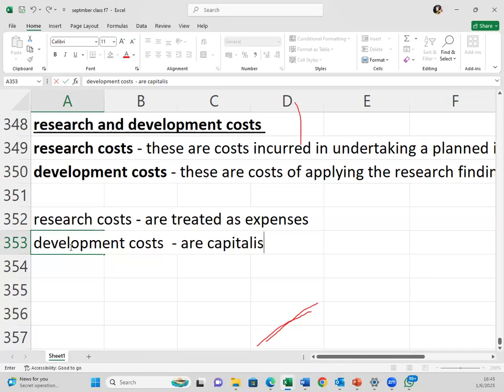By capitalized, I mean we include them as intangible non-current assets. That's recording them as intangible non-current assets.